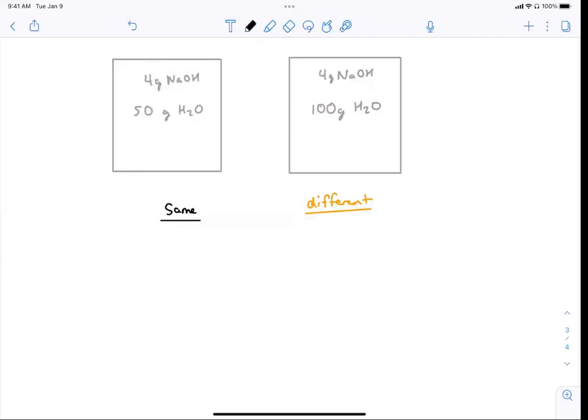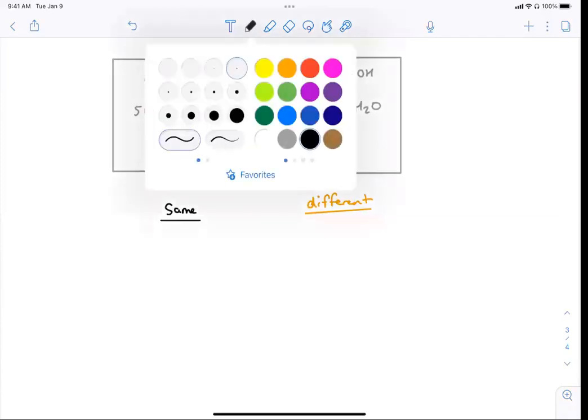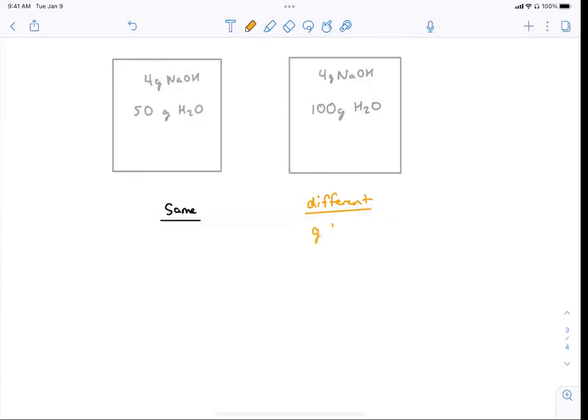Well, it is a closed system, but liquid pressure doesn't really have a factor, so let's stick with calorimetry here. Grams of H2O is different. Grams of NaOH is the same. Those are the two easy ones, the direct ones.